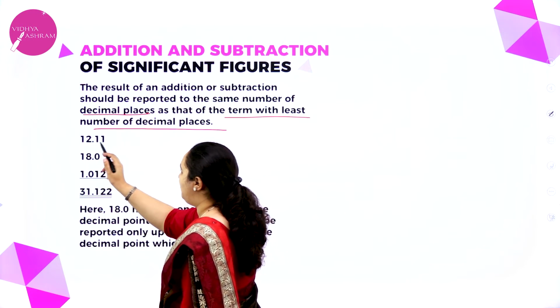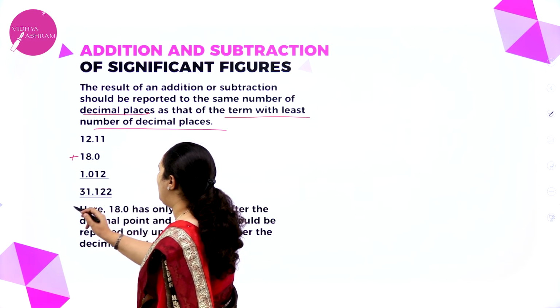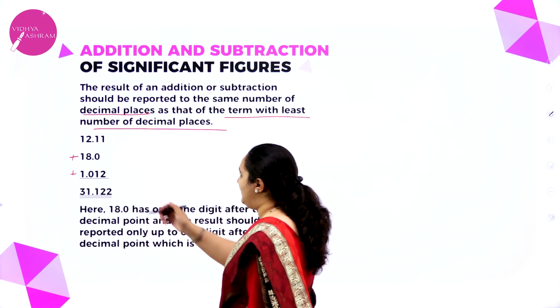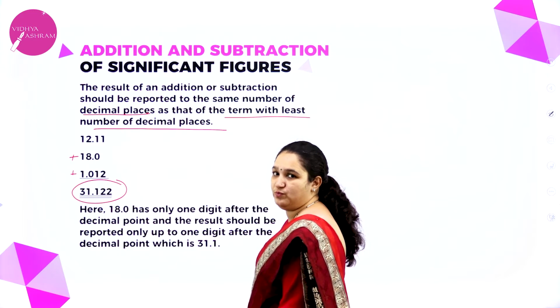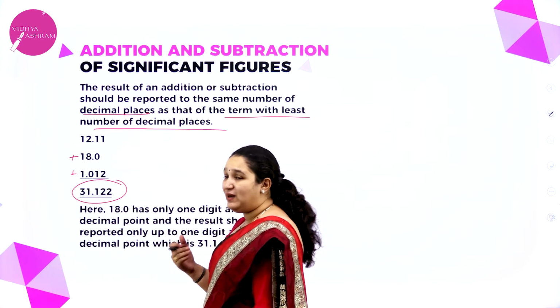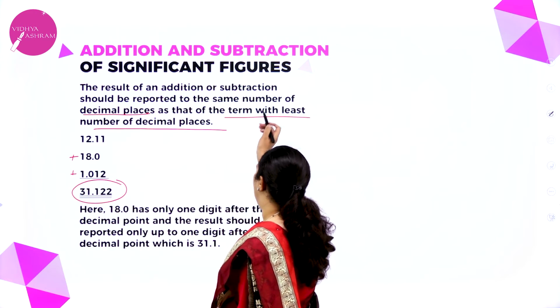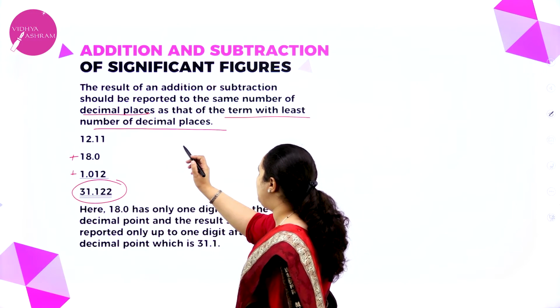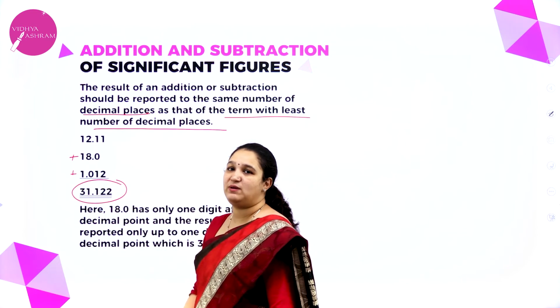See, 12.11 added with 18.0, which is added with 1.012. When I add all of this, I get the answer as 31.122. But how will I tell my answer? It should be reported with the same number of decimal places as that of the term with the least number of decimal places.